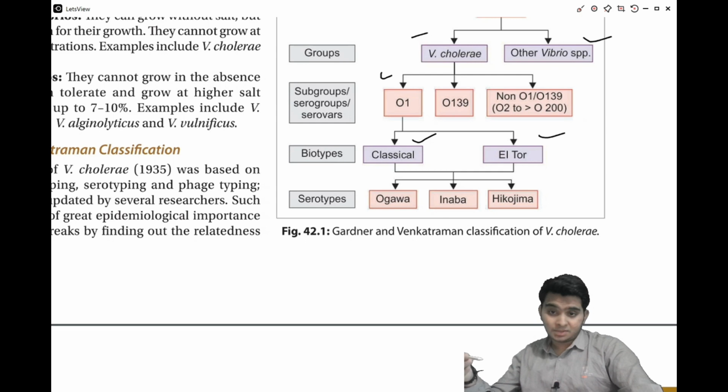Now the serotypes are Ogawa, Inaba, and Hikojima, meaning that Vibrio cholerae is classified in serotyping as Ogawa, Inaba, and Hikojima.